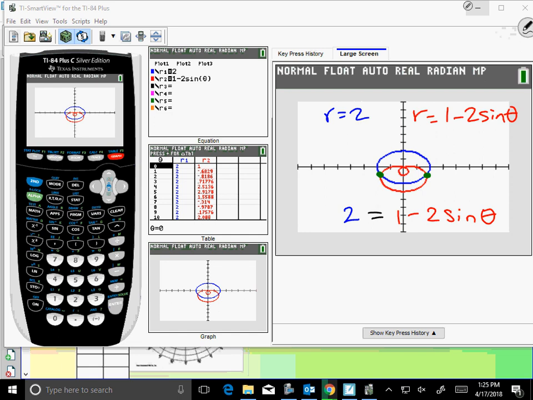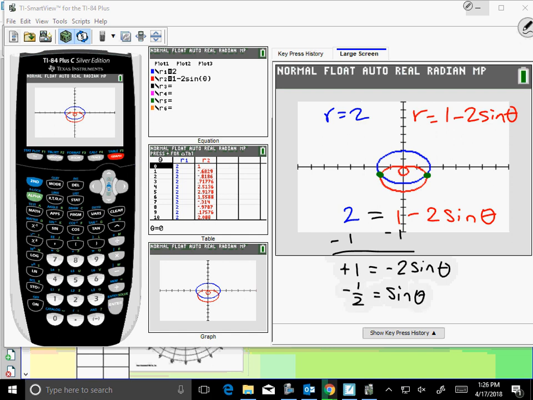Okay, if I subtract 1 from both sides, what do I get? Oops, I get positive 1. And that equals negative 2 sine theta. I divide by negative 2. Sine theta equals negative 1/2. Where is that true? Close. 3rd and 4th quadrant, right?